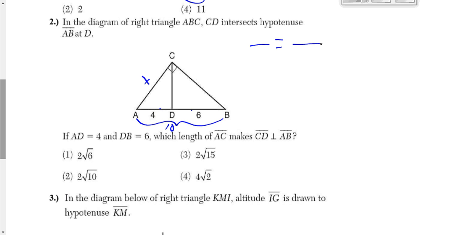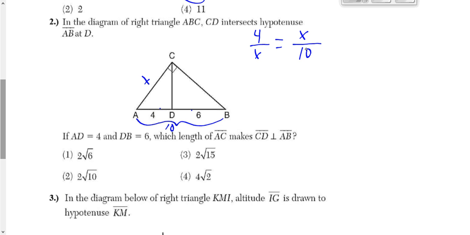X, yeah, good. What goes in the other 2 slots? 4 and what? 4 and 10. There we go. Everybody got it yet? What'd you get? He says 2 squared to 10. How many agree? Yeah, that's right.